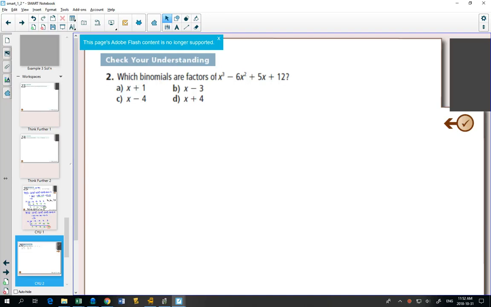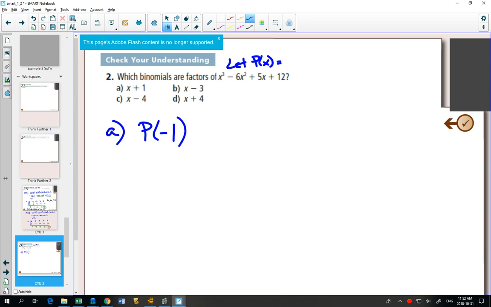So in part A, I would use the remainder theorem. I'm going to let p of x equal this. So if I want to find the remainder using the remainder theorem, I'm going to try p of negative 1. I'm using that because that's really easy mental math. Negative 1 cubed, negative 1.